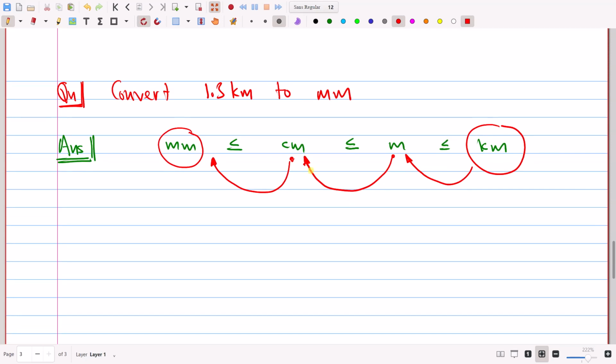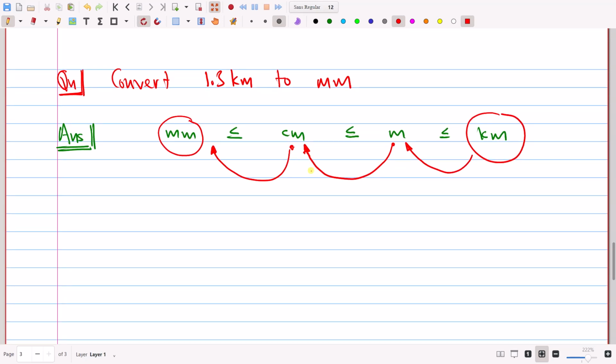You see, like that. So immediately we can see that whatever I want to obtain, I cannot get it in one step. What I have to do now is to convert first from kilometer to the meter, and then from the meter to the centimeter, and then from the centimeter to the millimeter. But now let's write the conversion factors. The conversion factor between the meter and the kilometer is 1000.